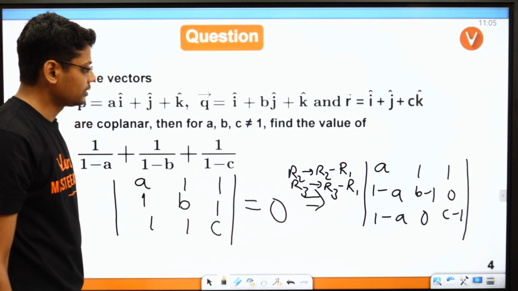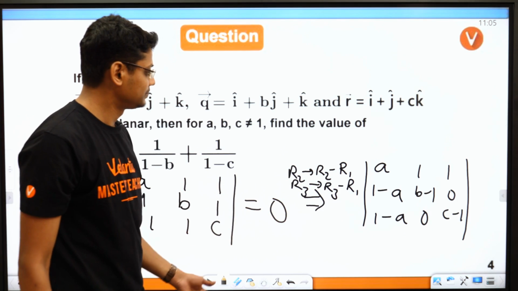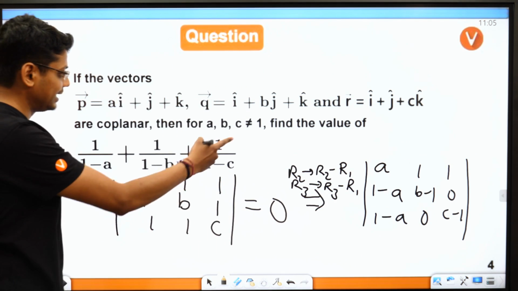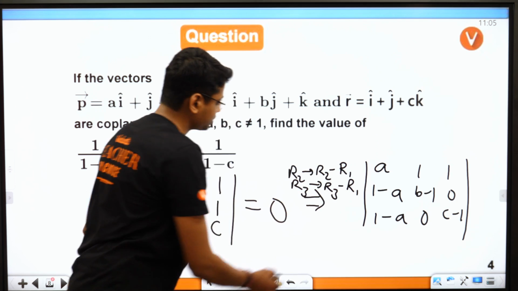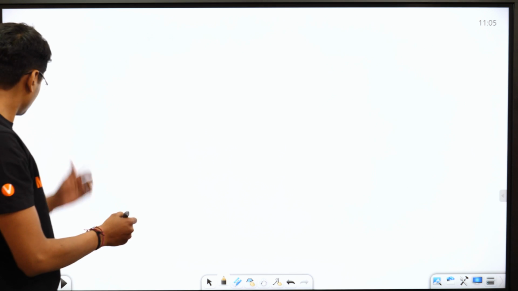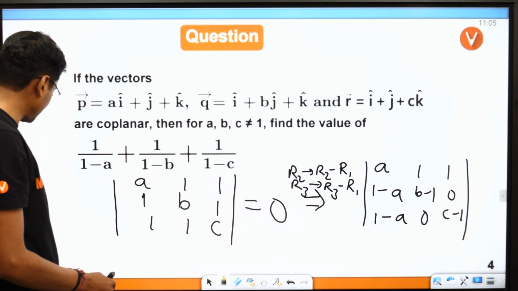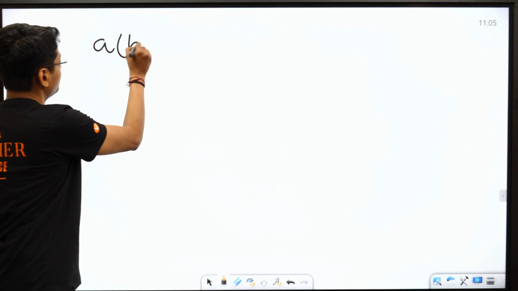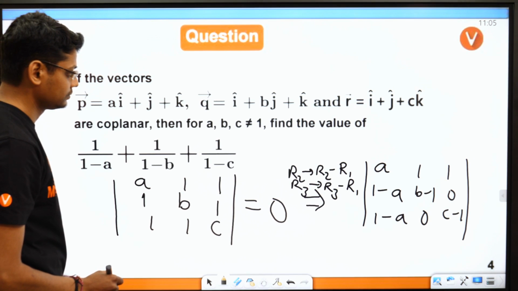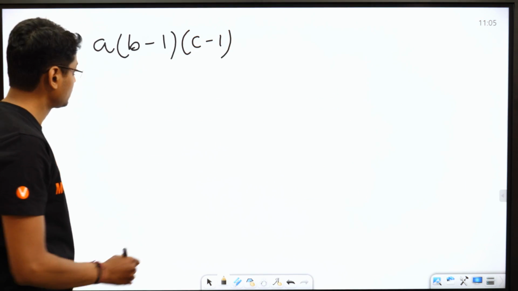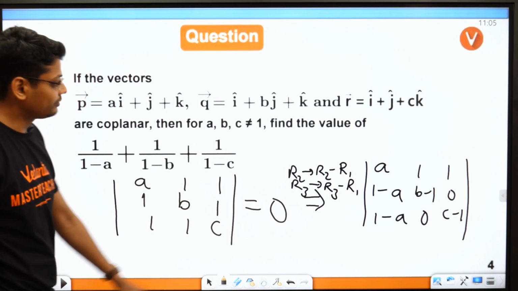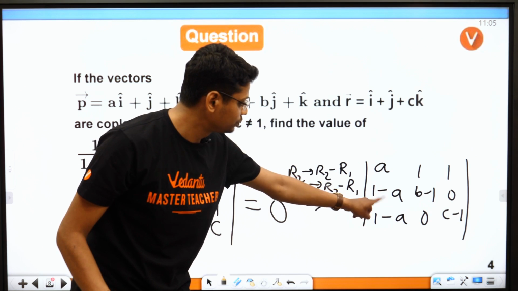Alright. So if I expand this, what will I get? I can expand along any row or column. Let's expand along the first column. So what will I get? A multiplied by B minus 1, C minus 1, plus 1 minus A multiplied by, here 1 minus A I can take common in these two terms.